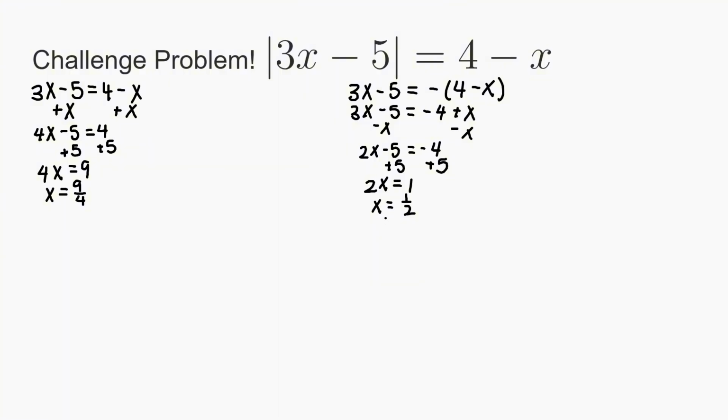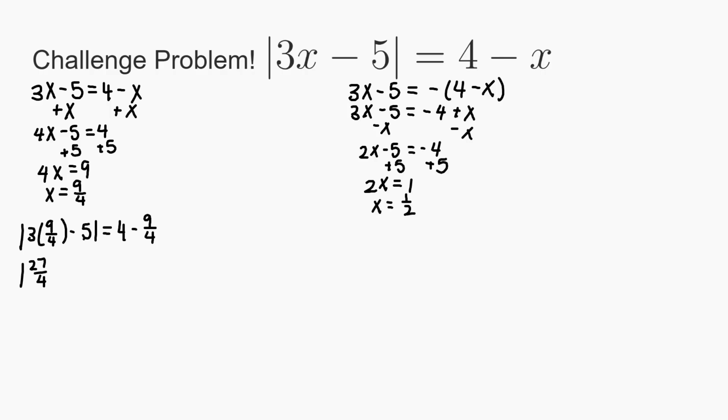But let's check our work, because for the first time we have an x outside. And sometimes if this becomes negative, then we know it's a false solution. So let's check it. Absolute value of 3 times 9/4 minus 5 equals 4 minus 9/4. So we have 27 divided by 4.